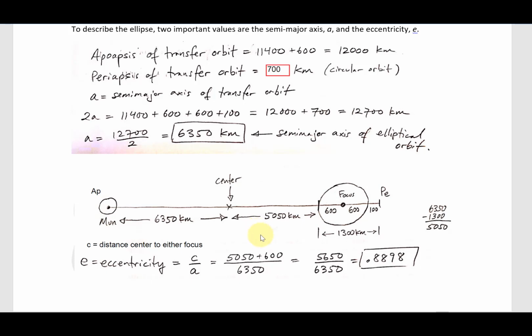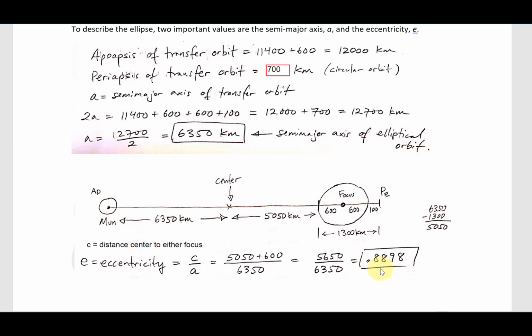So now I can figure out what is the distance from the center to the focus of the orbit. It's actually the 5,050 plus 600. That's the value that we could call c, the distance from the center to the focus, divided by the semi-major axis, 6,350. 5,650 divided by 6,350, that gives me 0.8898.